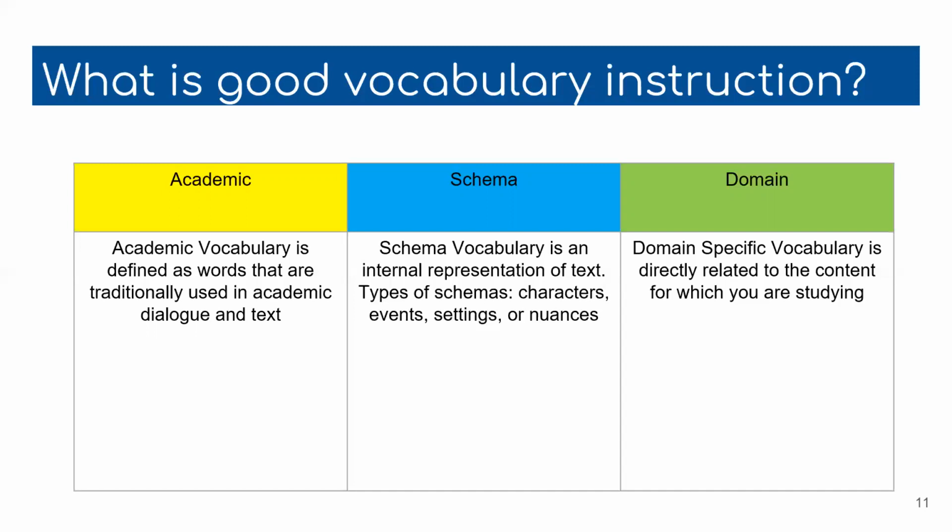The basal that is being used, for example, vocabulary may be in accordance to the characters, the events, the settings, or the nuances of what is being expressed through vocabulary. And most definitely, don't forget the domain-specific vocabulary, which is directly related to a specific content in which one is studying.